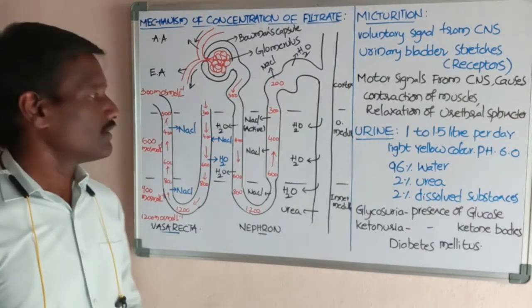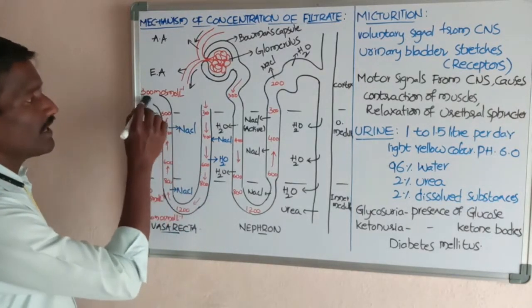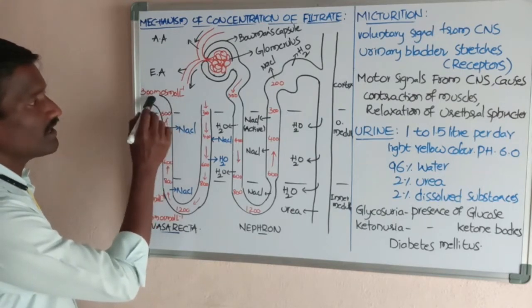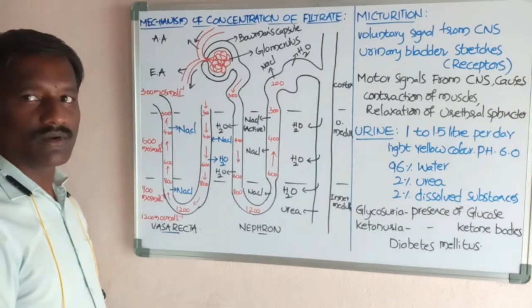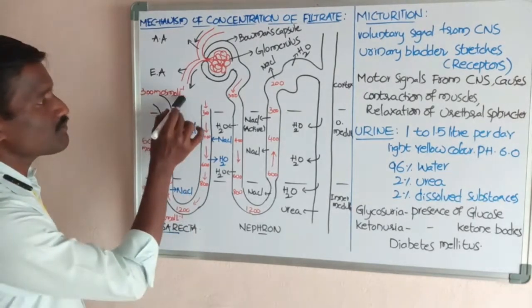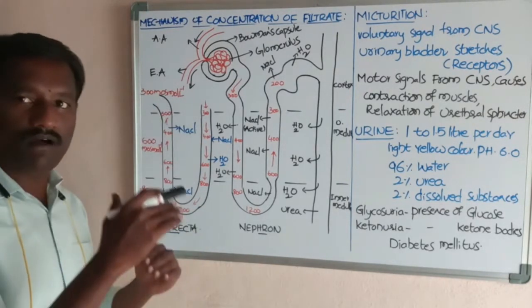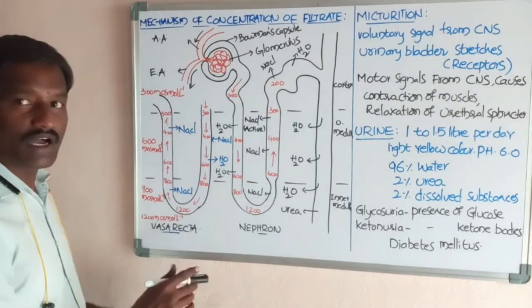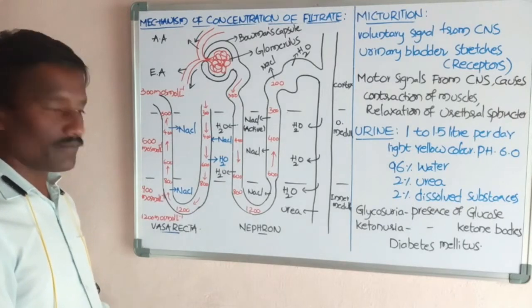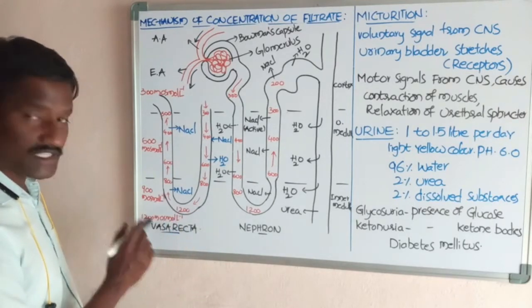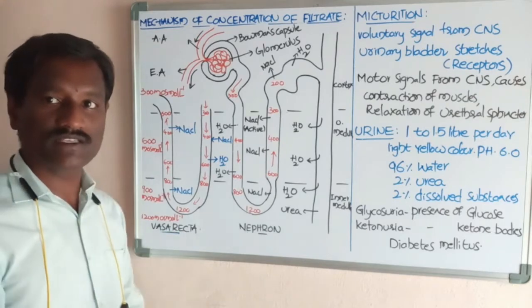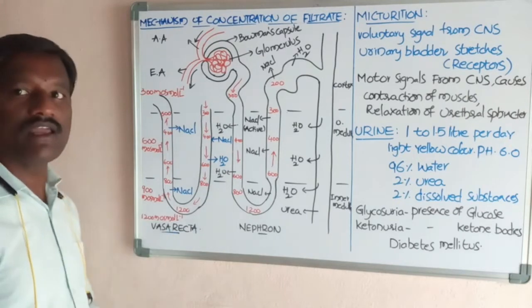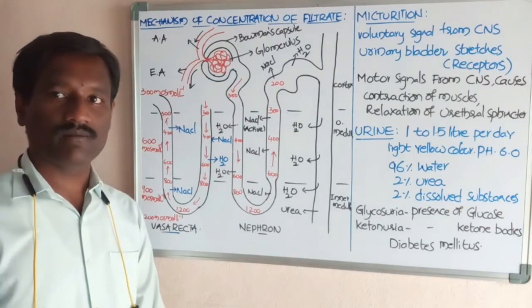For example, 300 milliosmolarity per liter at the cortex part of the kidney, and if you observe the concentration in the medullary interstitium, this is equal to 1200 milliosmolarity per liter.